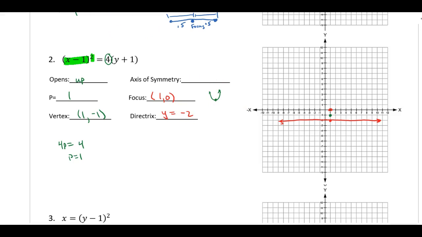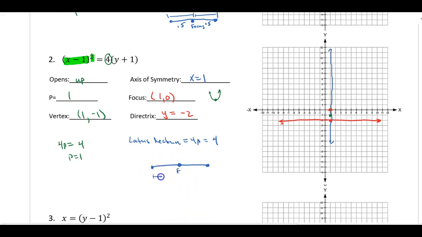My axis of symmetry is going to be a vertical line, right, that goes through the vertex here. Since it's vertical, it's going to be x equals 1. Now, I have to get the width of this parabola before I sketch it. So I need that latus rectum, which is your 4p. And in this case, if 4p is equal to 4, that means when I plot the endpoints of my latus rectum, the focus has to be in the middle, right?